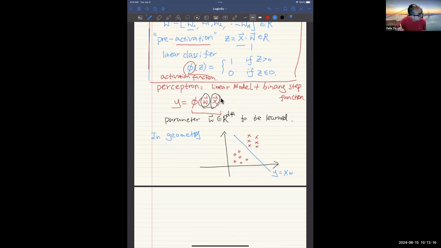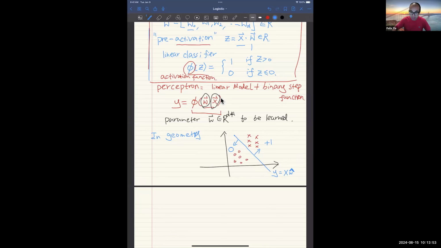Everything above this line, I will classify as +1. Everything below this line will become 0. So this is the geometric picture of the perceptron.